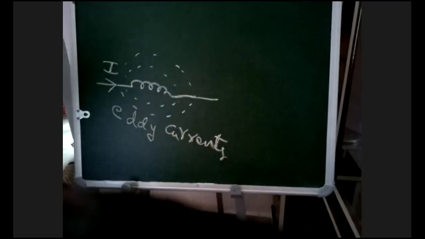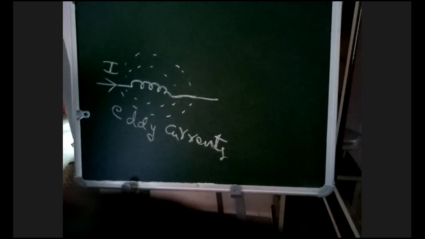Write down this diagram and write down eddy current as a side heading. Draw this coil. I is the main current, okay? Now write down what is eddy current.